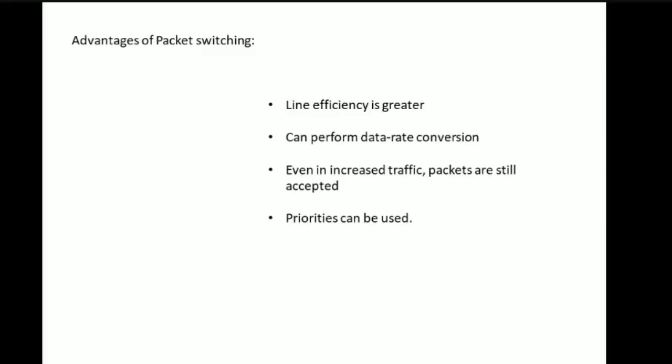Also, when traffic is very high on a circuit switching network, some calls are blocked. That is, the circuit switching network refuses to accept additional connections. On the other hand, in a packet switching network, even when the network has a heavy load, the packets are still accepted. The delivery may be delayed, but it is not the case that packets are not accepted. In circuit switching, it will block that particular call.